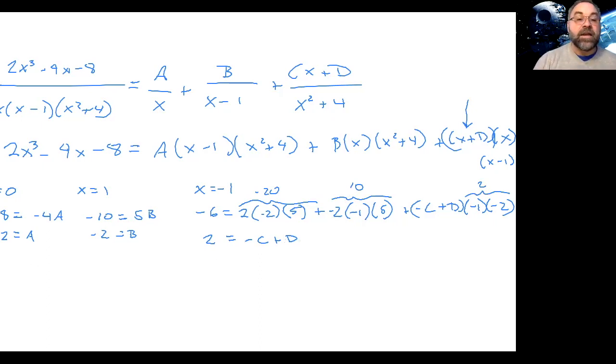So I'm going to pick another convenient choice for x, and I like to keep x positive if I can, so I'm going to pick 2. And then on the left-hand side, now we get 2 times 8 minus 4 times 2 minus 8. Oh, that's 0. That's very handy. And now remember, a is 2. 2 minus 1 would be 1.